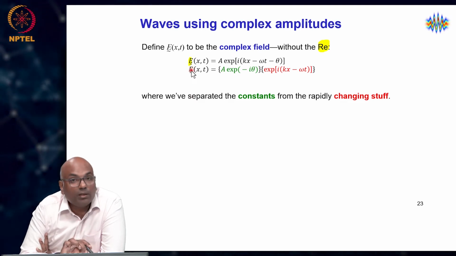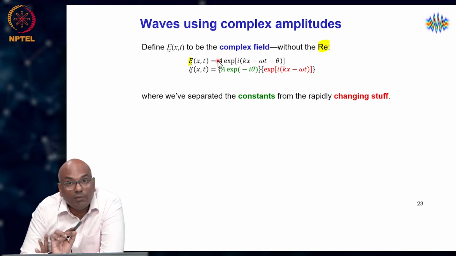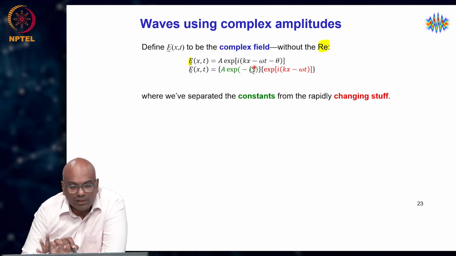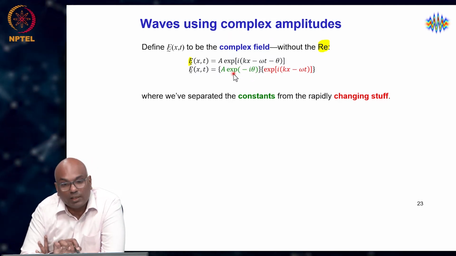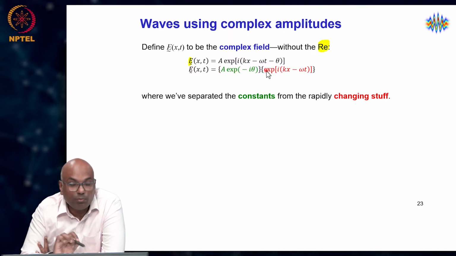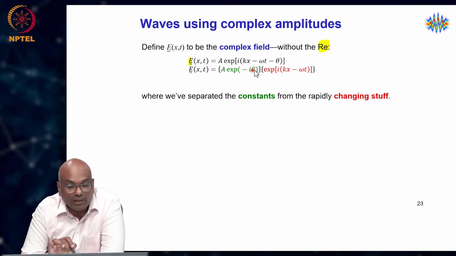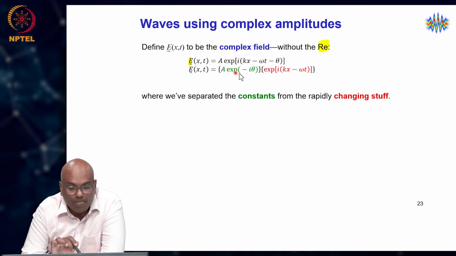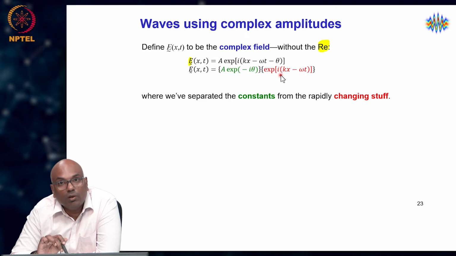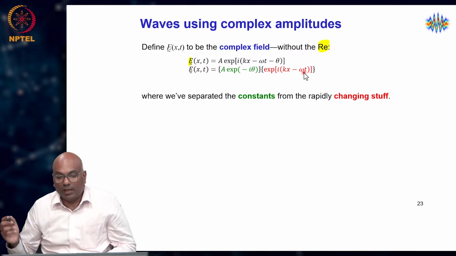We separate out A, the real valued amplitude of the wave, and multiply it with the other constant factor, the polar side of the complex number, exponent of minus i theta. Theta is again independent of x, t. And we leave this iconic exponent of i(kx minus omega t), which is reminiscent of the x minus vt form, aside, right?